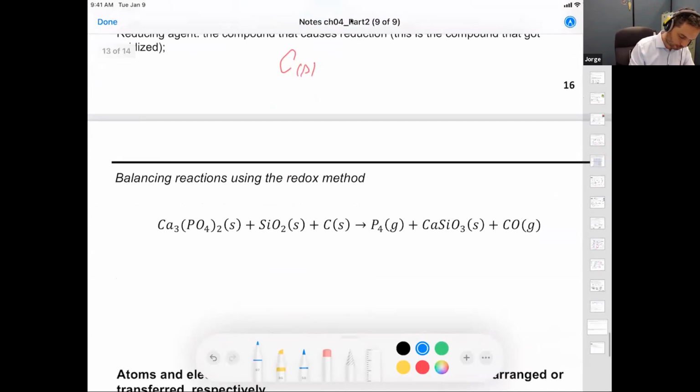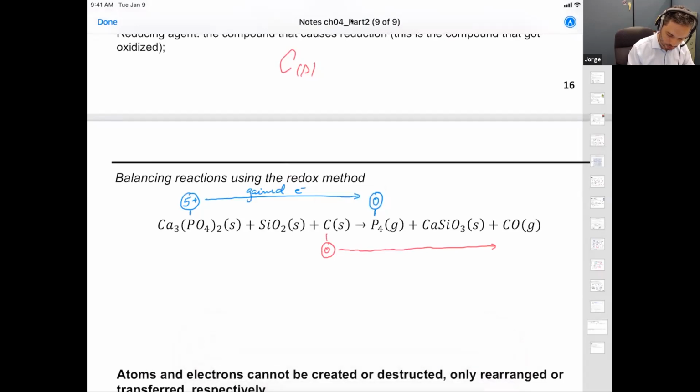We know that phosphorus started from 5 plus and went all the way to 0. That means it gained electrons. And carbon started from 0 and lost electrons and went all the way to 2 plus in the products.